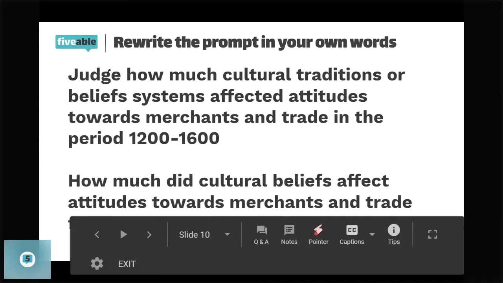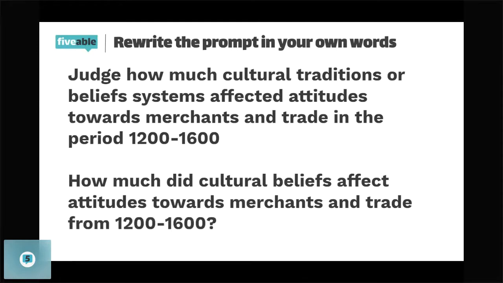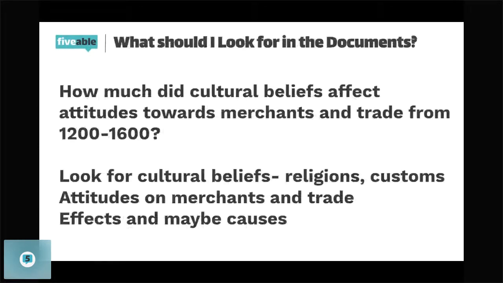So how much did cultural beliefs in general affect attitudes towards merchants and trade, right? That's basically what the prompt is asking us to do. So you always want to try to rewrite the prompt, break it down in your own words, because sometimes they're pretty complicated, and you're thinking, what exactly do I have to do? How many things do I have to address?